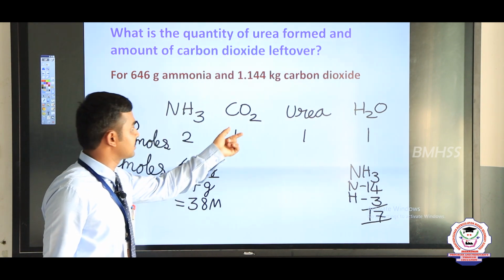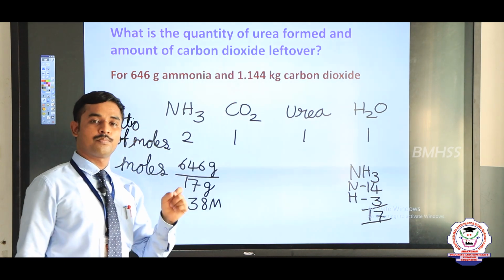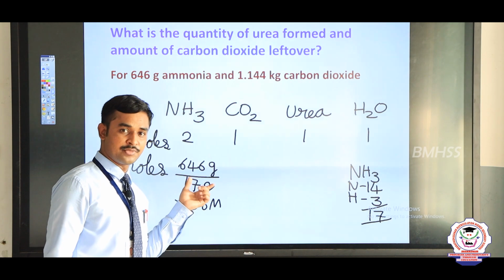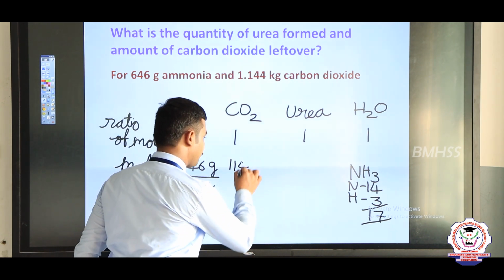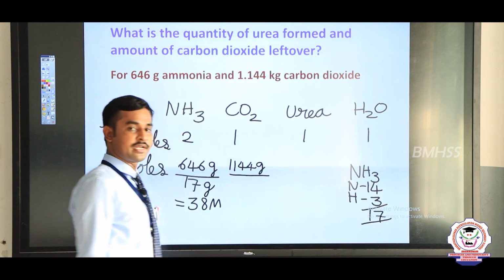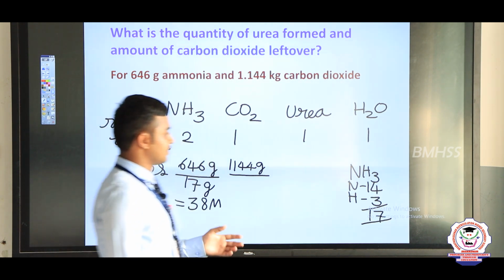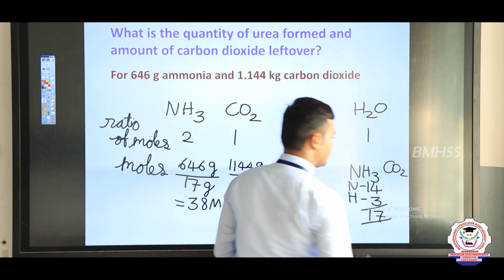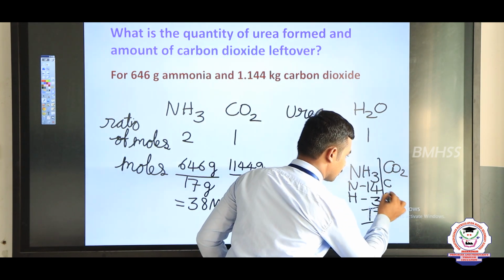For carbon dioxide, let us see, carbon dioxide is taken as 1.144 kilograms, but we want to write it in grams. When we change this, 1144 grams is obtained for carbon dioxide. And what is the molar mass of carbon dioxide? Likewise, we have 2 kinds of atoms, namely carbon and oxygen.